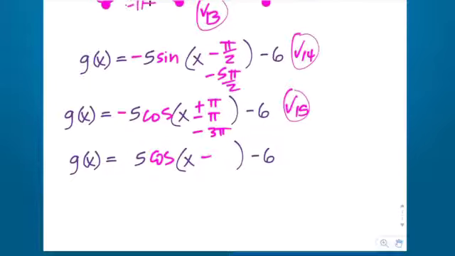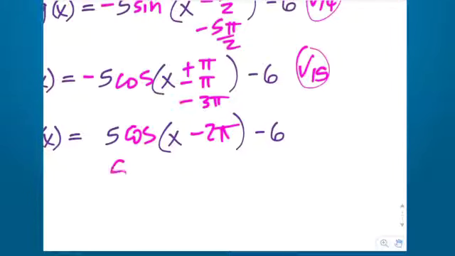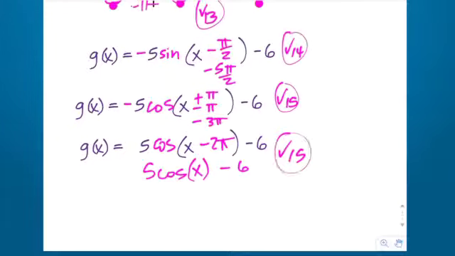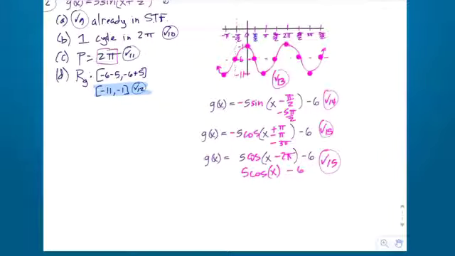So it could be minus 2 pi, or it could just be 5 cosine of x minus 6. You wouldn't need parentheses around the x, because we would assume the minus 6 would be the next term, but to have them is kind of nice. So that would be the 16th check. You could also have minus 4 pi, minus 48 pi.